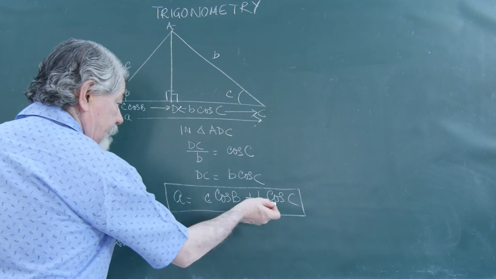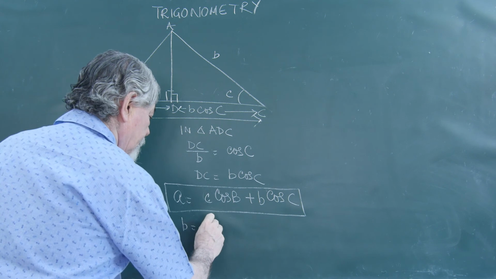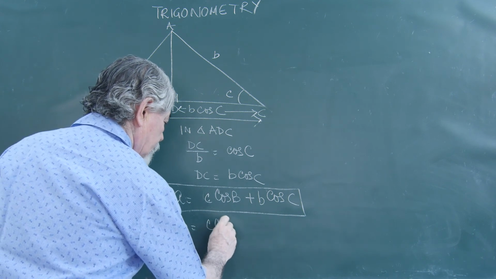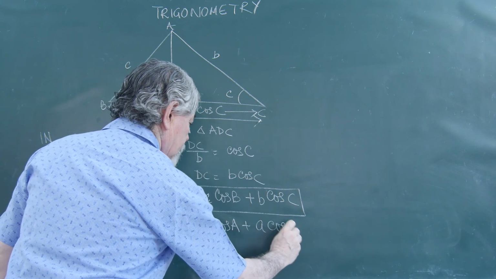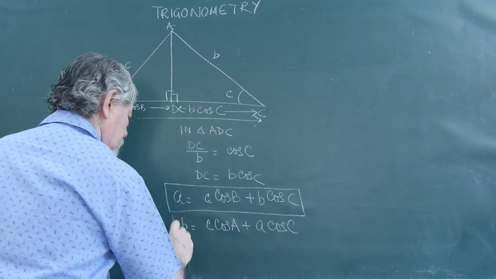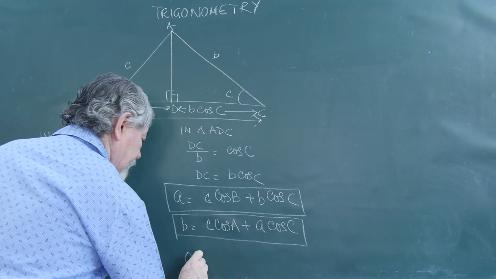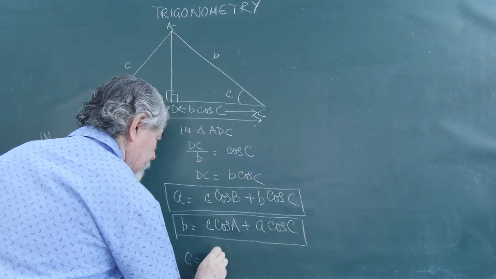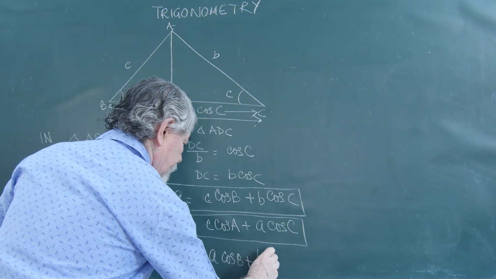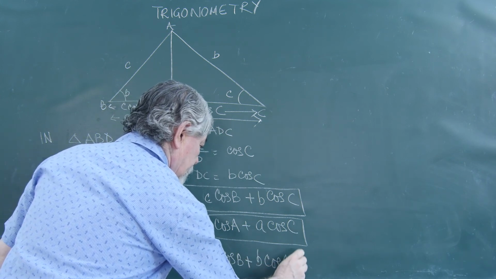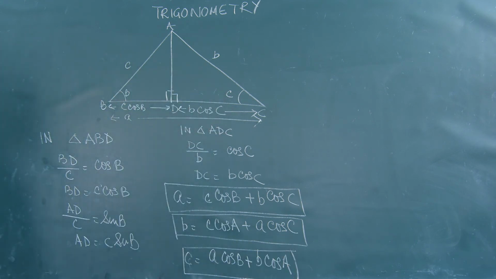Suppose I want to calculate b, by similarity I'll write b equals c cos A plus a cos C. And if I calculate c, it will be a cos B plus b cos A. These are called projection formulas.